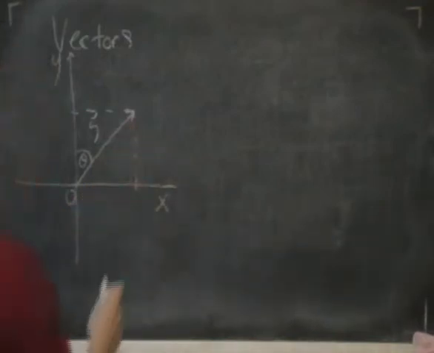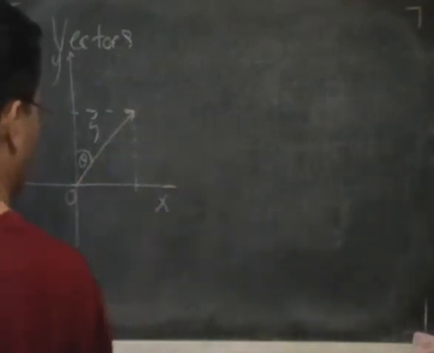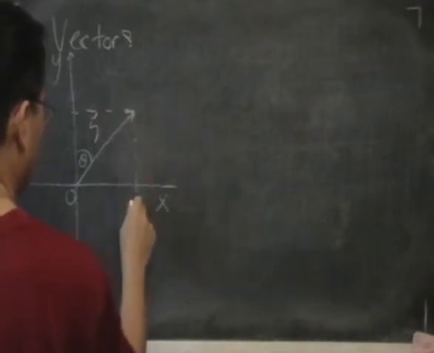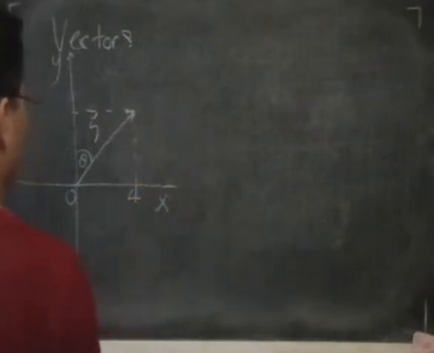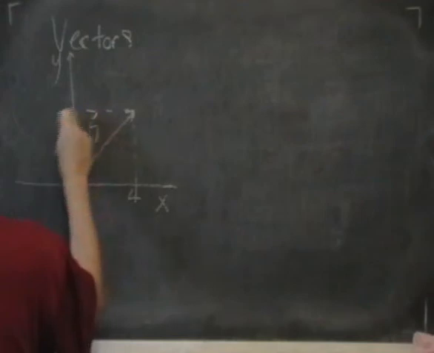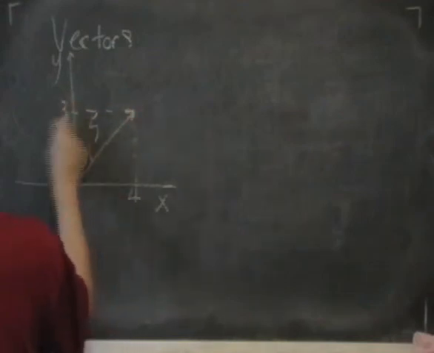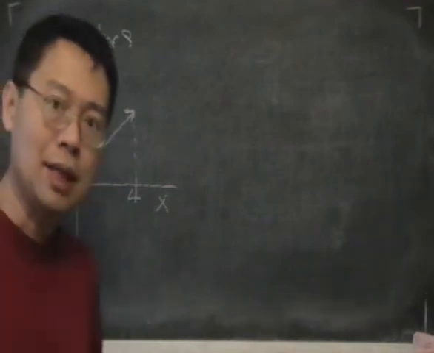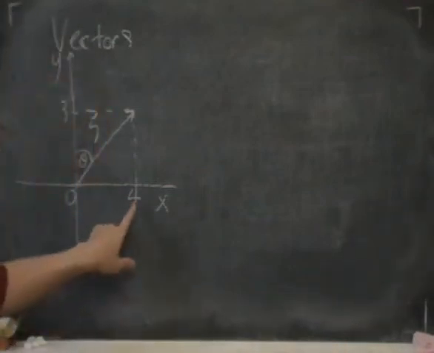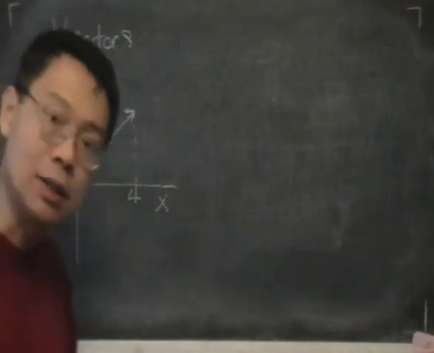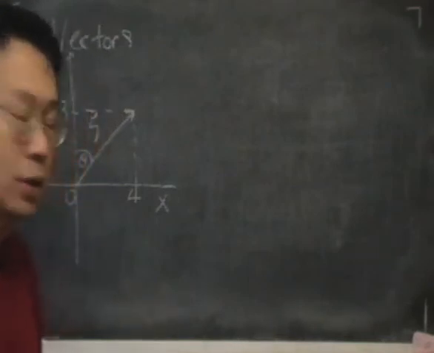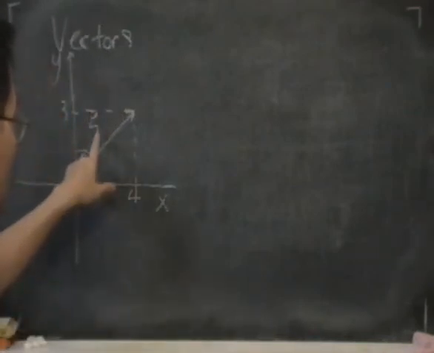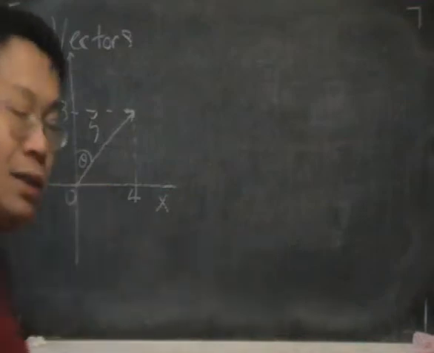So let's say, for example, the x value is 4 and the y value of the point is 3. So in a sense, the 4 and the 3 is an equally good description as the magnitude and the angle.